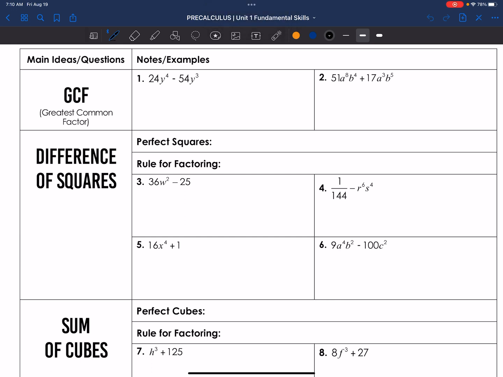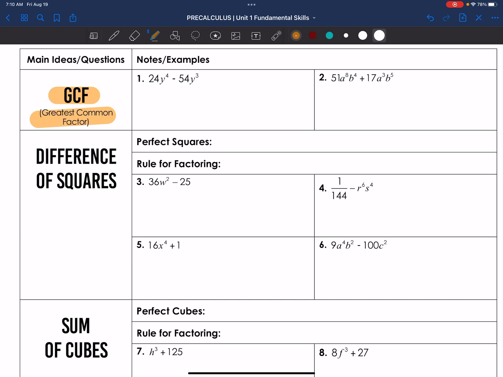In today's video, we are looking at factoring all kinds of polynomials. This is in our unit on the fundamental skills of pre-calculus. And I want to go ahead and start by discussing what is meant by this little abbreviation here, GCF.